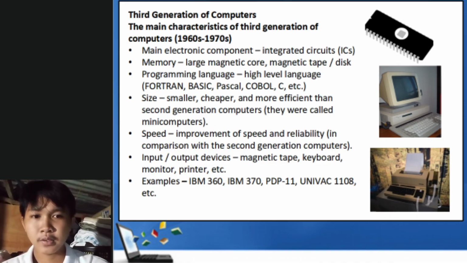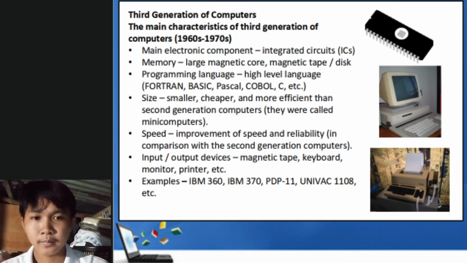My next topic is the third generation of computers. The main characteristics of third generation computers: main electronic component, integrated circuits, or ICs. Memory: magnetic core and magnetic tape. Programming language: high-level languages such as Fortran, Basic, Pascal, COBOL, and etc. Size: smaller, cheaper, and more efficient than second-generation computers.